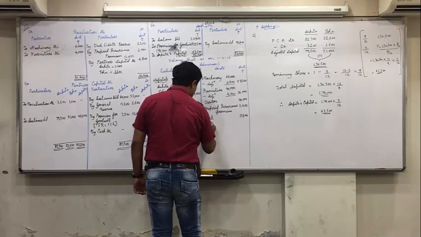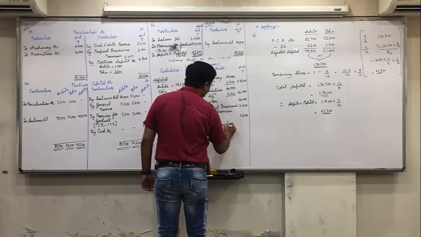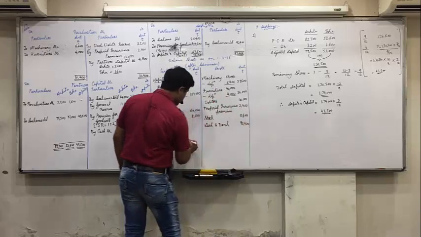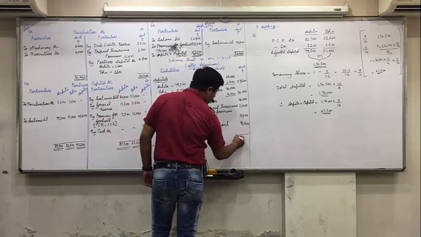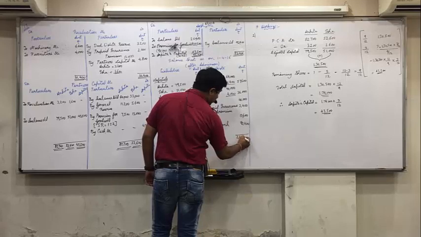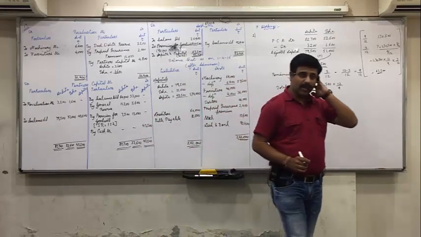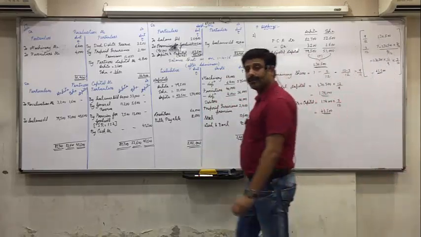Asset side cash and bank 92,400. 2,42,000 and 2,42,000. Is it the same on both sides? Yes, sir. So did all of you understand this? Yes, sir. Anyone having any doubt in this question?